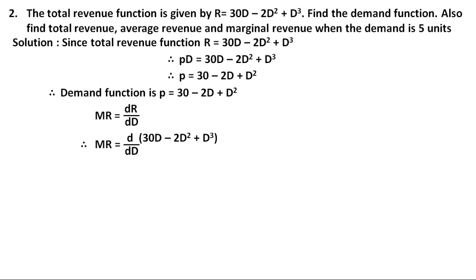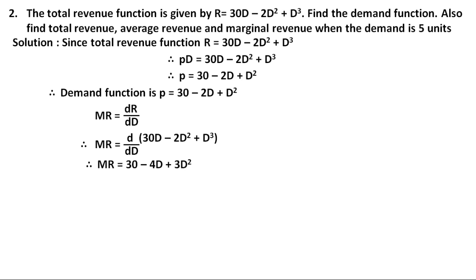MR is equal to: derivative of 30D is 30, minus 2D square's derivative is minus 2 into 2, that is minus 4D, and plus D raised to 3's derivative is 3D square. Therefore, marginal revenue MR is equal to 30 minus 4D plus 3D square.